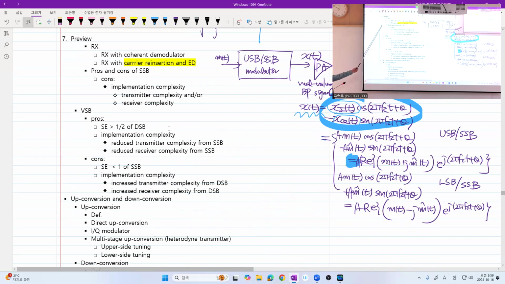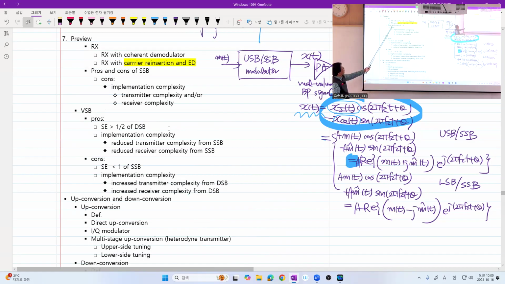So today we are going to study the receiver part of the single sideband system. Of course, I already mentioned, hey, think about this. Suppose you have SSB, then a coherent demodulator gives you reconstruction of the message.